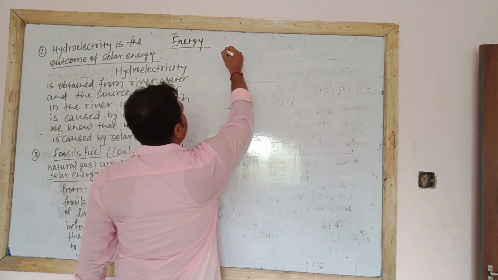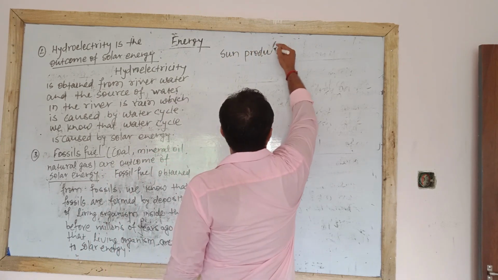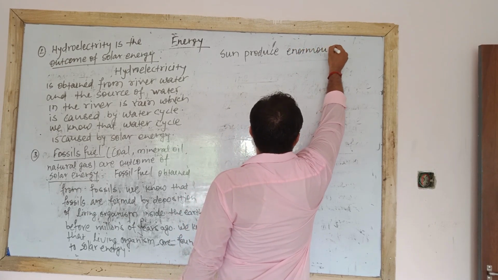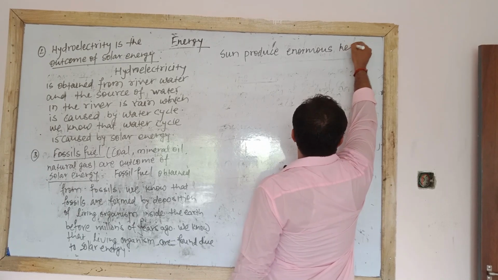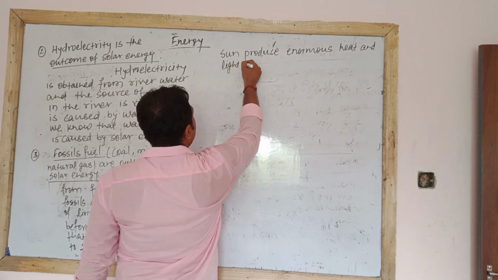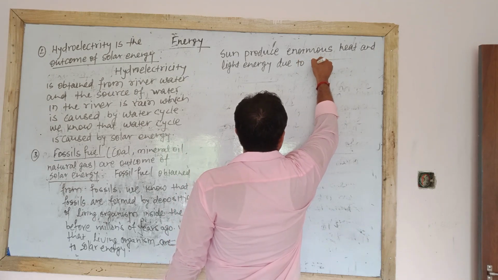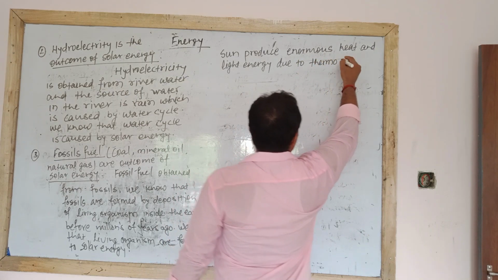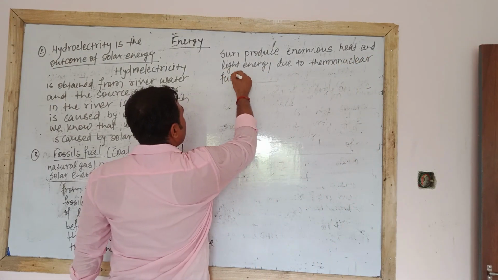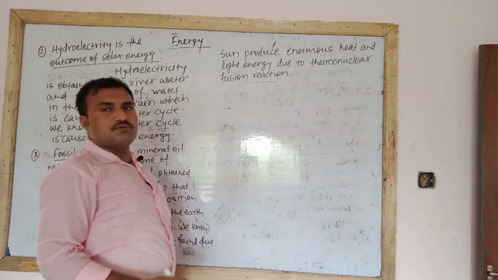And here we write sun produces enormous heat and light energy due to thermonuclear fusion reaction, or simply nuclear fusion reaction.